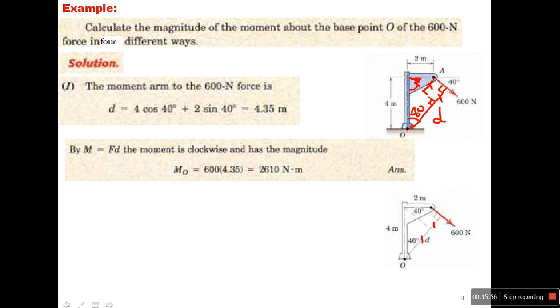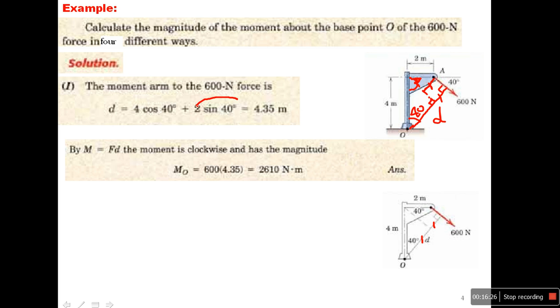Because I have this line, I have 40, and I have that line, so I have a right angle triangle. By the sine of 40, I can get this line, and this line is equal to that line.